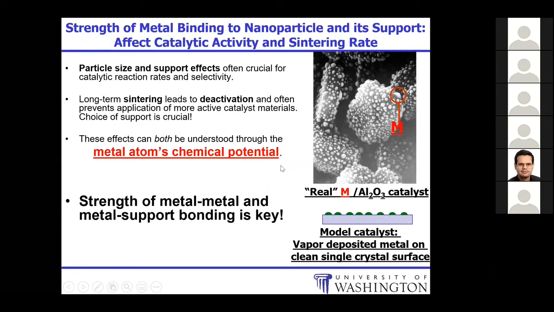And that really is related strongly to the adhesion energy at the interface between the nanoparticle and the support, as I'll show here. That chemical potential has some entropic concerns in it, but for solid binding and so forth, the metal atom's chemical potential is, to a first approximation, just the energy stability in terms of internal energy of the metal atoms in the material.